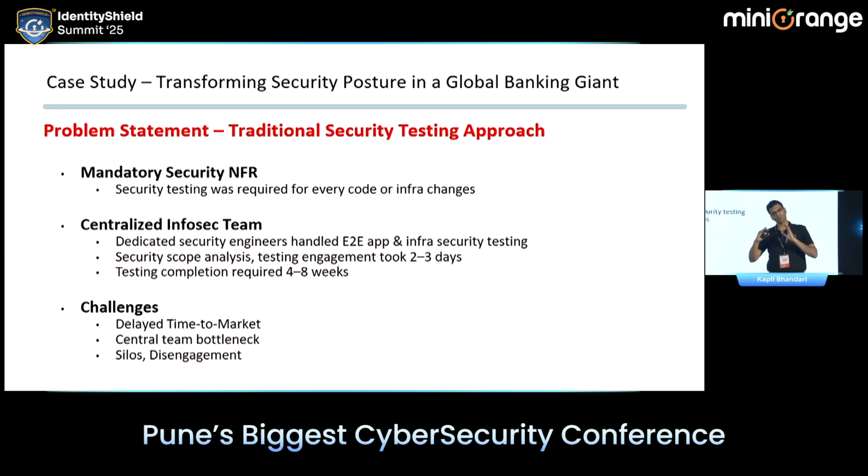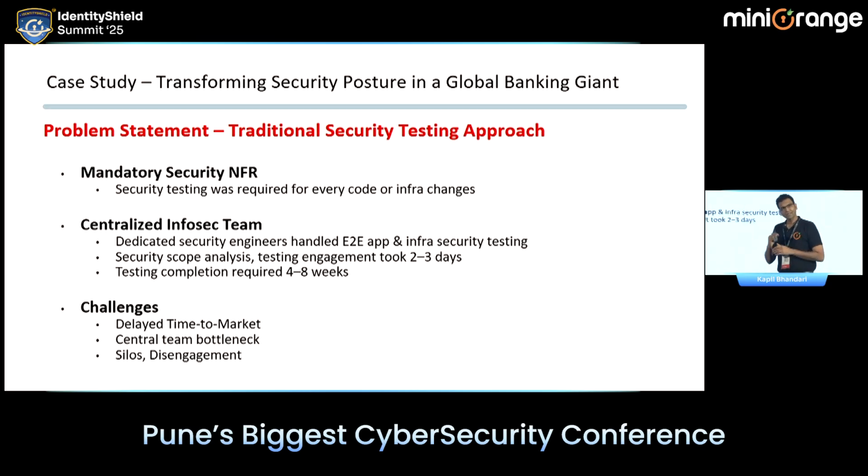Because there were limited people in the InfoSec team. You have 100 developers, but you hardly have around 5 to 10 InfoSec team members supporting you, and that was the central team.